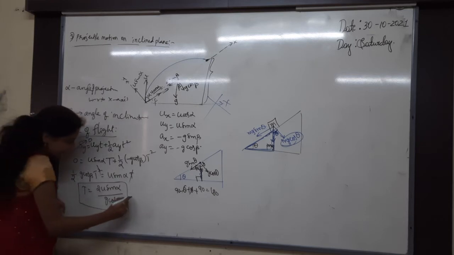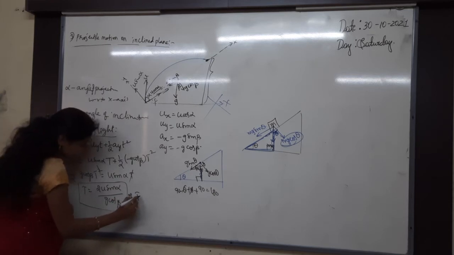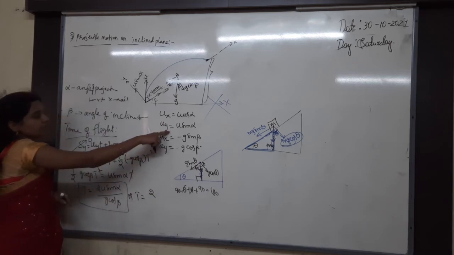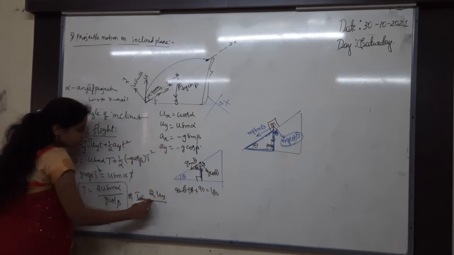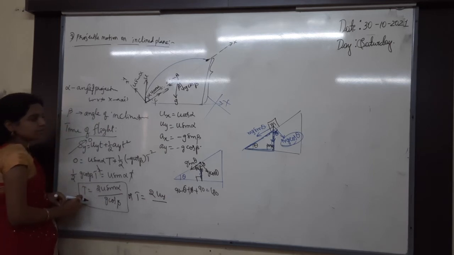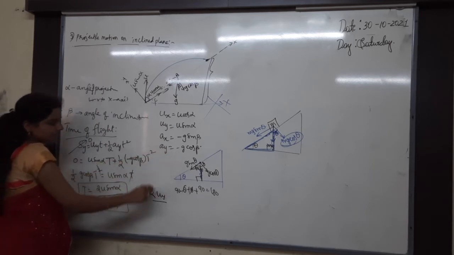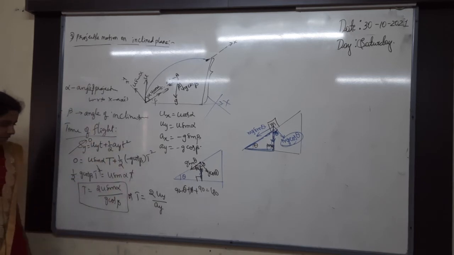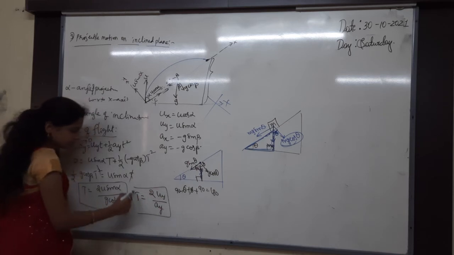Nothing but clearly, a shortcut formula I can make here as t is equal to 2 into u sin alpha, which component? uy, by g cos beta, which is nothing but ay. Okay, minus ay, of course, since we are projecting in the upward direction, so minus ay. So this is a general formula we will get.